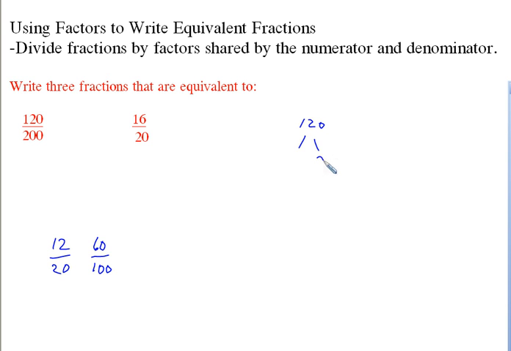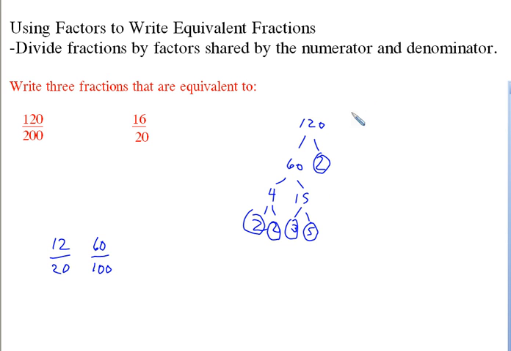So 120 prime factorized is 2 and 2, and 3 and 5.